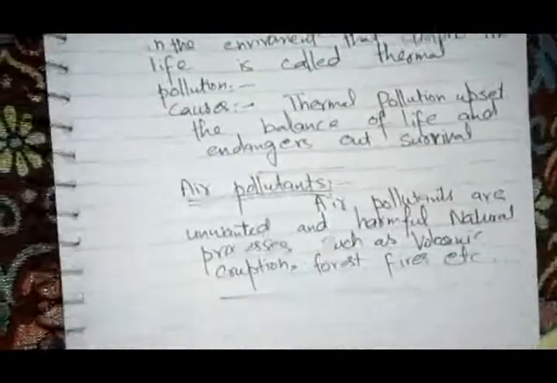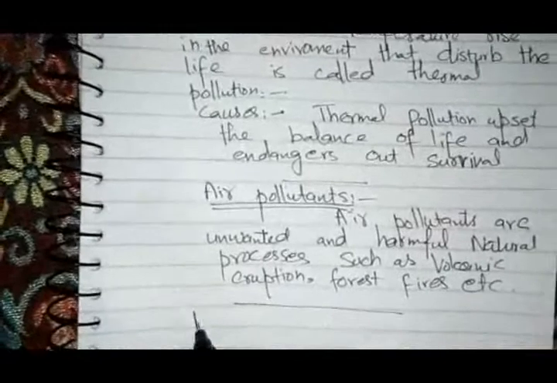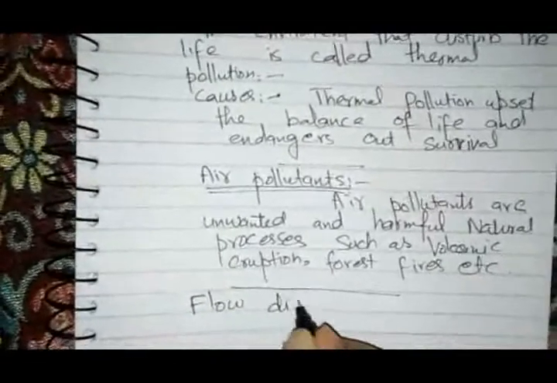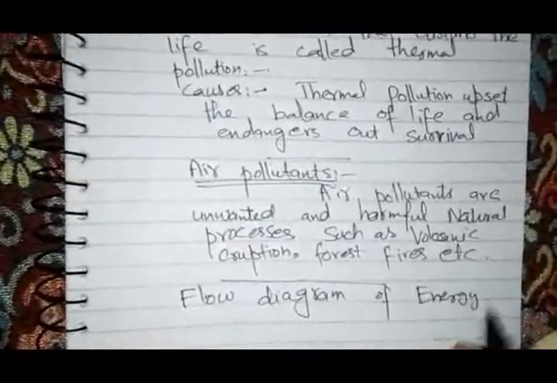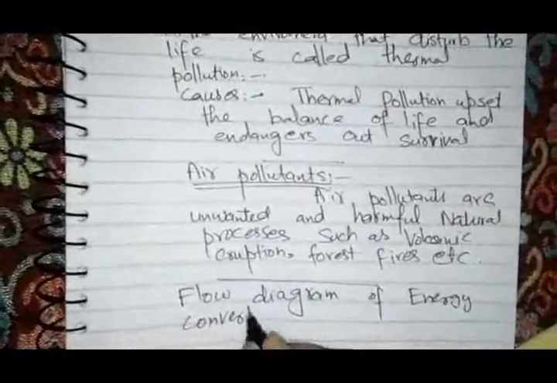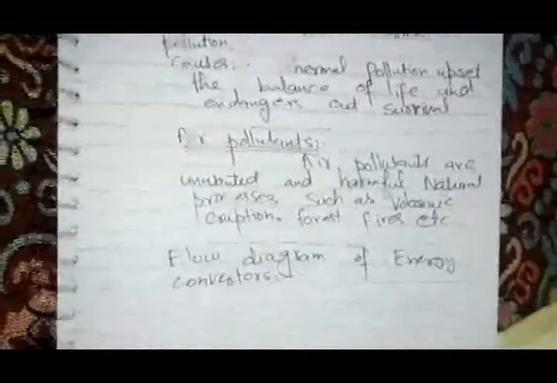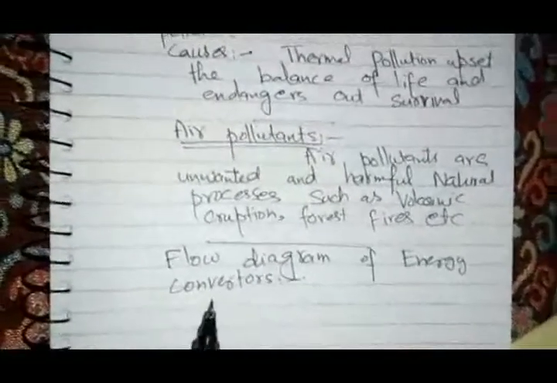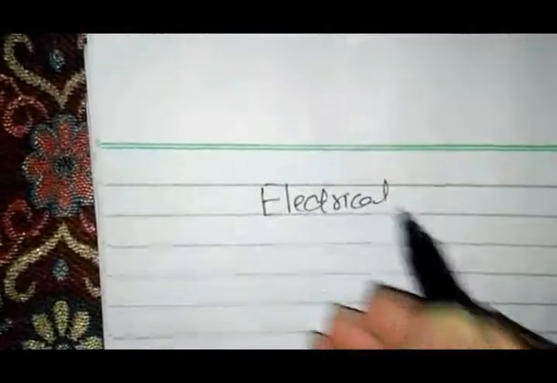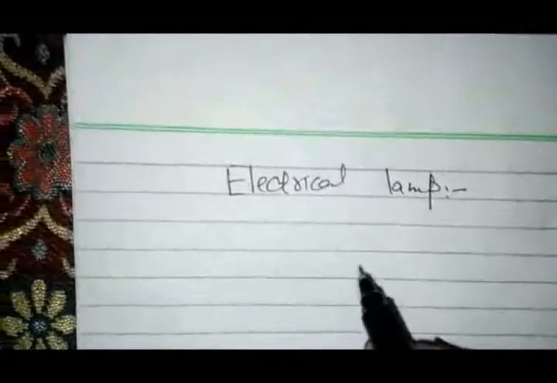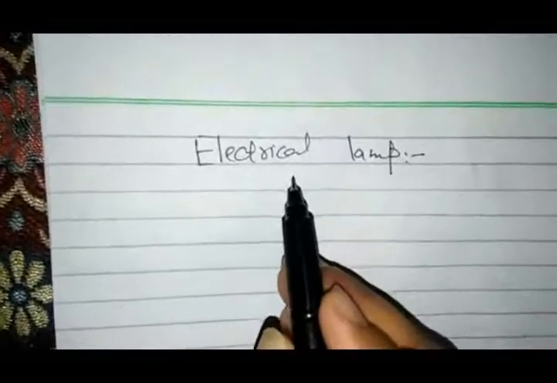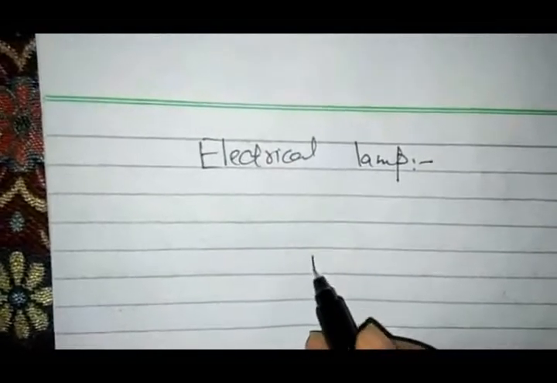Next we have another topic. We have flow diagram of energy converter. In this topic we have flow diagram of all the energy converters. It converts the electrical energy into different forms of energy. Students, our first energy converter is electrical lamp. Then we have to do its flow diagram.